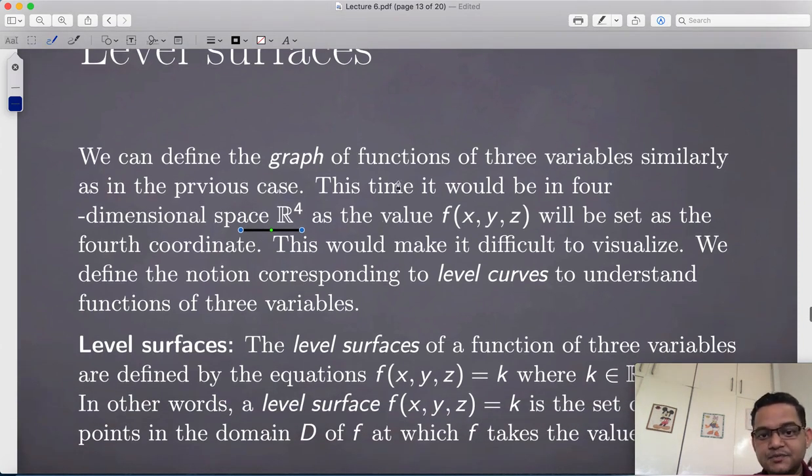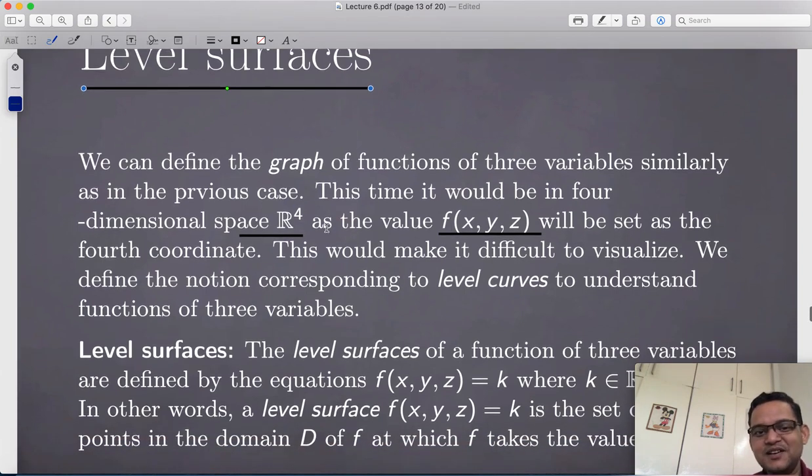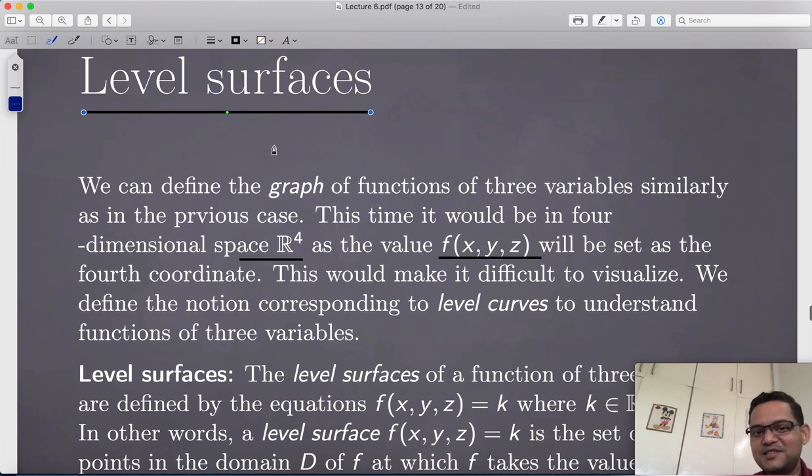That's too much, because R4 we can't really draw or visualize. So the corresponding notion here is going to be called label surfaces. We will not try to draw the graph; rather we will try to understand what the label surfaces are in the case of functions of 3 variables.